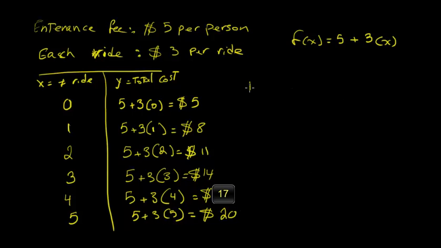So the domain, which is a set of numbers, is 0, 1, 2, 3, 4, 5, and you might want to use more, right?